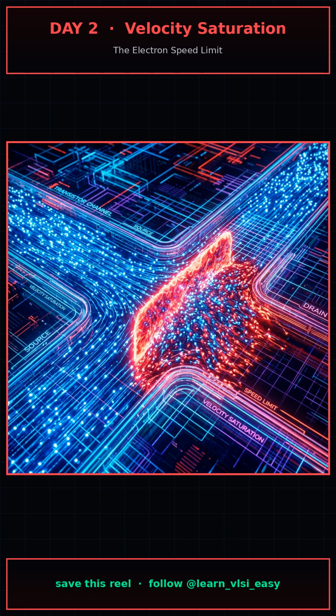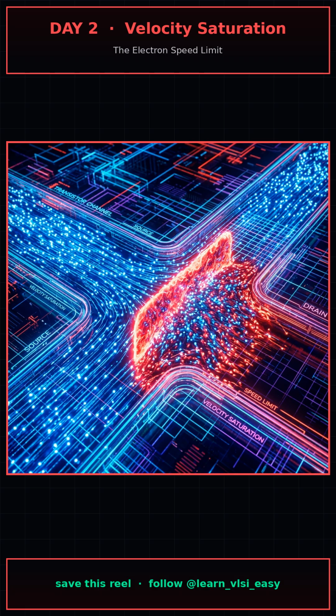When the electric field becomes incredibly strong, which happens easily across a microscopic 5-nanometer channel, the electrons collide with the silicon crystal lattice so violently and frequently that they cannot accelerate any further. They hit a saturated maximum velocity, typically around 10^7 centimeters per second.